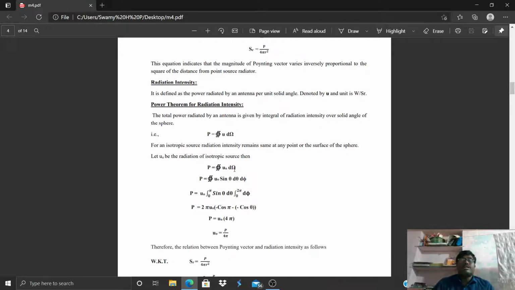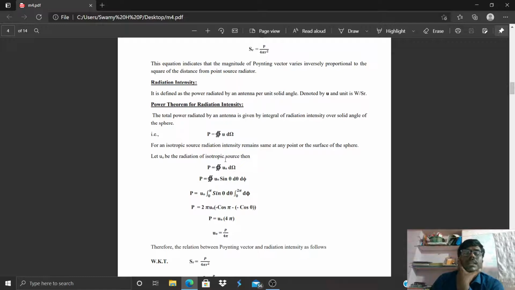So for an isotropic source, radiation intensity remains the same at any point on the surface of the sphere. For isotropic point sources, radiation intensity will be the same at any point on the surface of the sphere, because an isotropic antenna radiates an equal amount of power in all directions.